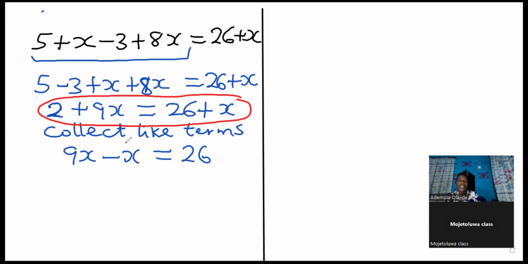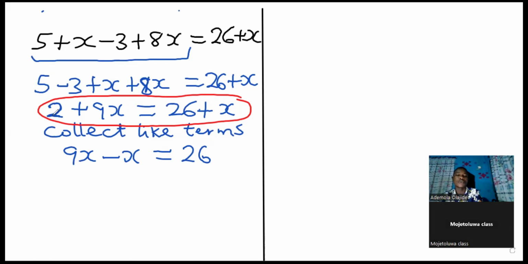We have written this 9x. We have written it. X here on the right has moved to the left and become negative there. We have written this 26 that is already on the right. The only one that is coming to join 26 here is that 2 that we have not written. And when that 2 gets to the right, do we write it as +2 or -2?